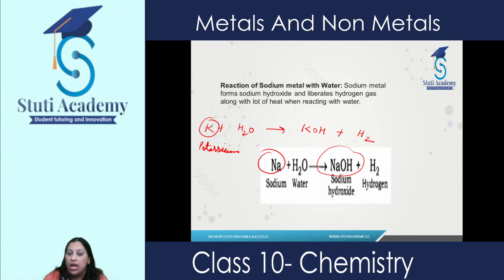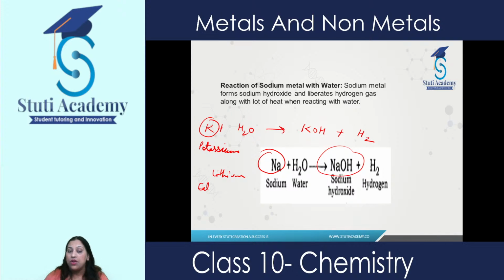I have given 2 or 3 questions as homework to you. I hope you have done those questions. So I ask you, why do we keep sodium and potassium in kerosene oil and not lithium? The answer is because sodium and potassium are highly reactive metals, that's why we store them in kerosene oil.